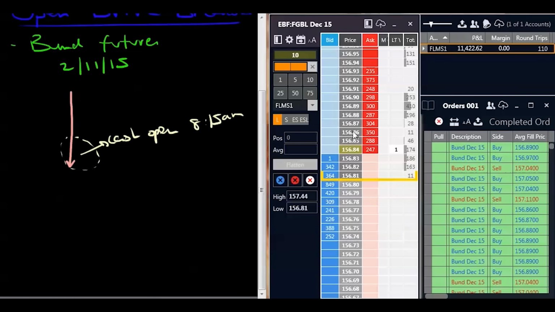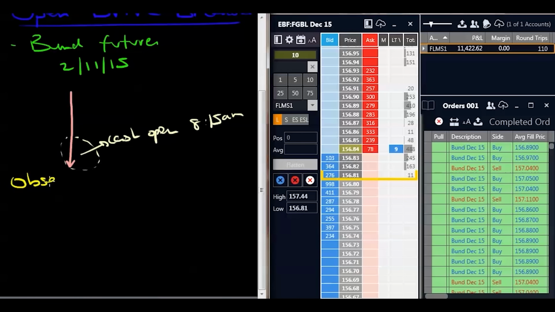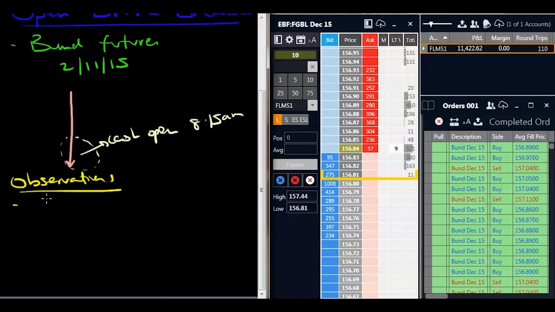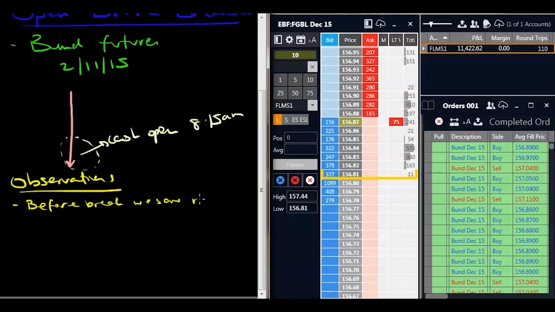Now, let's just highlight some of the observations we've had over this price action video. So first and foremost, we saw before the break, we saw reloading. That's one thing.